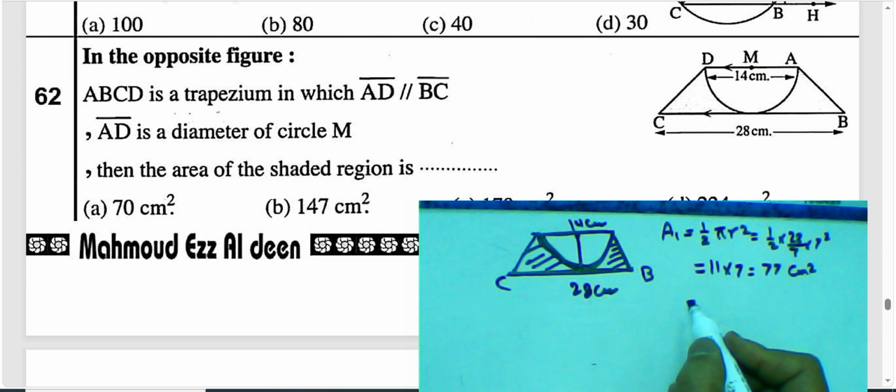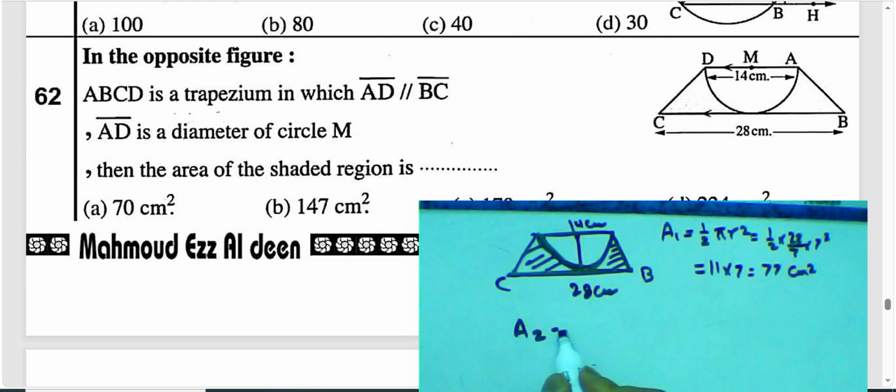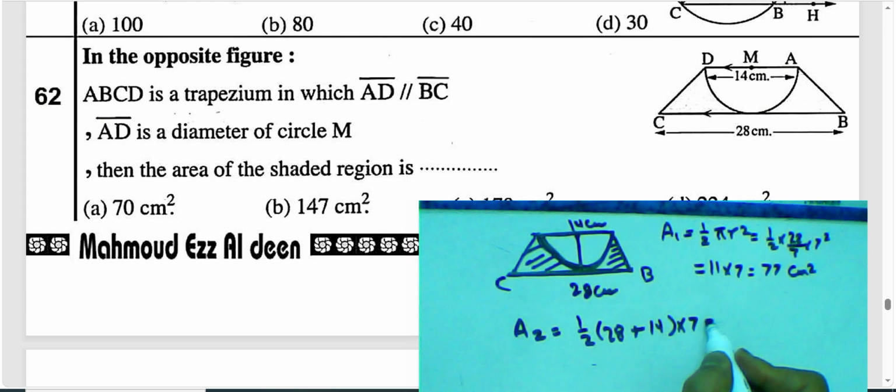It's area 1. And area 2, we can find the area of the trapezium. Half the sum of the two bases, right? 28 and 14, times height 7. Then we have half times 42, which is 21. 21 times 7: 1 times 7 is 7, 2 times 7 is 14.